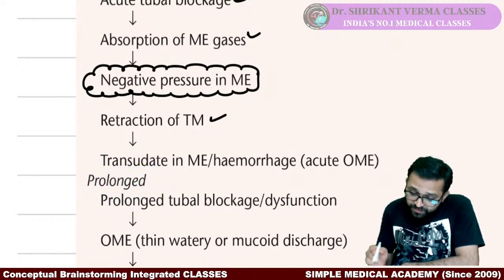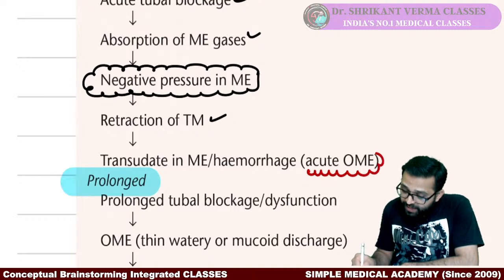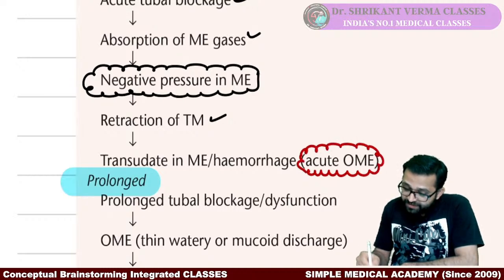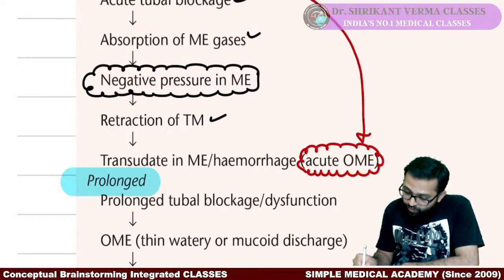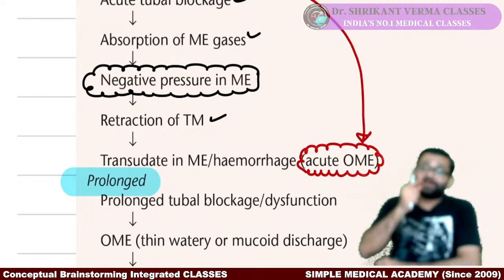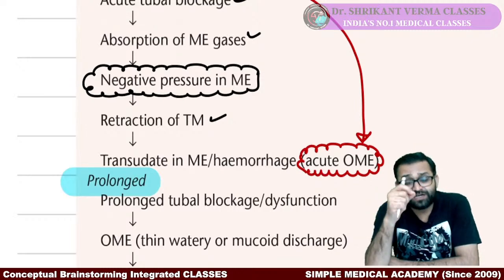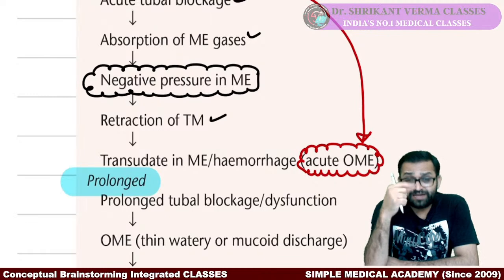Getting the point? In this way it leads to acute otitis media. So if there is an acute tubal block, you will get acute otitis media, acute otitis media with effusion. We will see otitis media in our upcoming class.